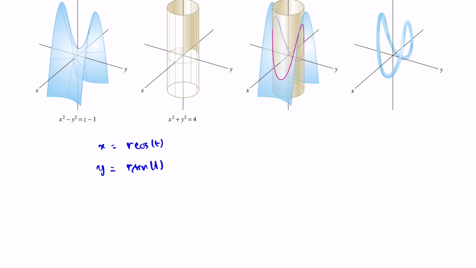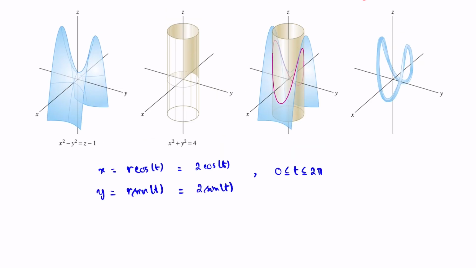In this case, you have the circle x squared plus y squared equal to 4, that is the circle centered at the origin with radius 2. So here you have x equal to 2 times cosine of t, because again the radius of the circle is 2, and y equal to 2 times sine of t, and we're going to specify t between 0 and 2 pi.